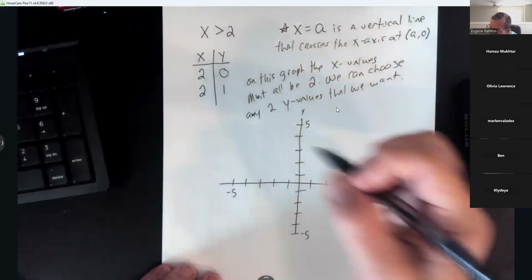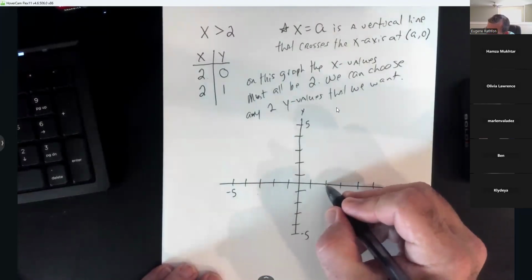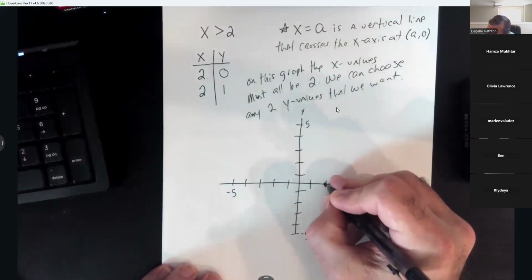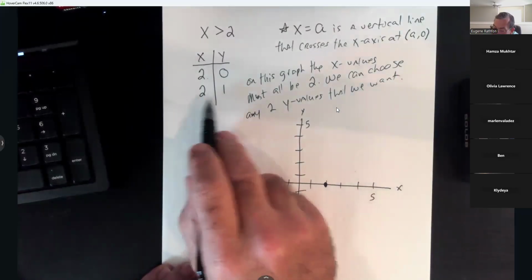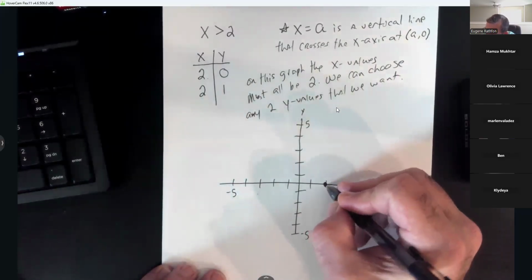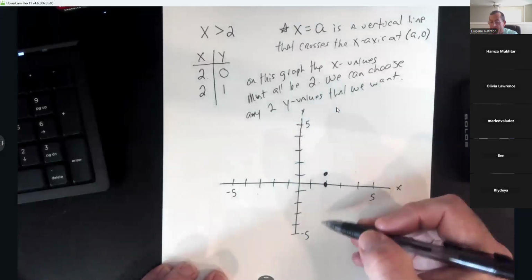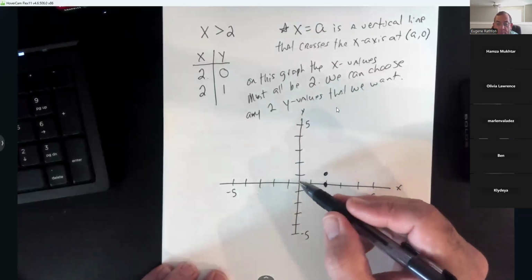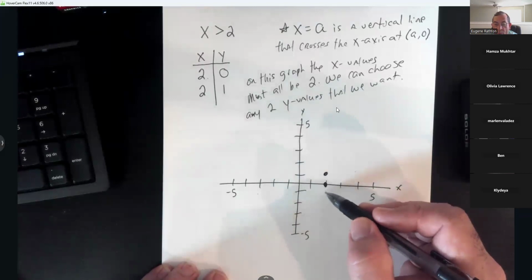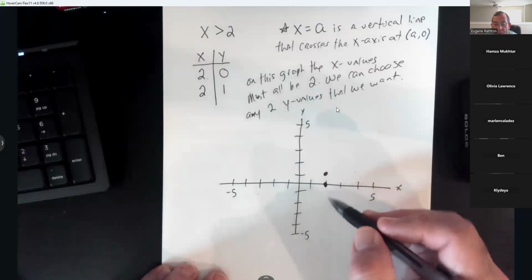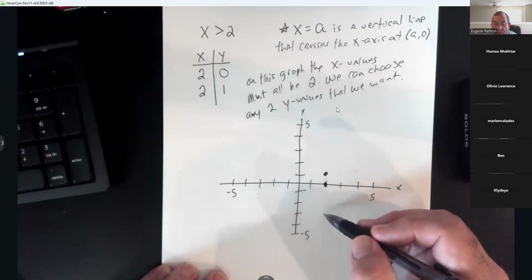So y'all, I picked 2 zeros, so right 2 and 0 stays there. And then I had 2 1, so that'd be right 2, up 1. So right now I got my vertical line. So you could have picked 2, -1, 2, -2, 2, -3.